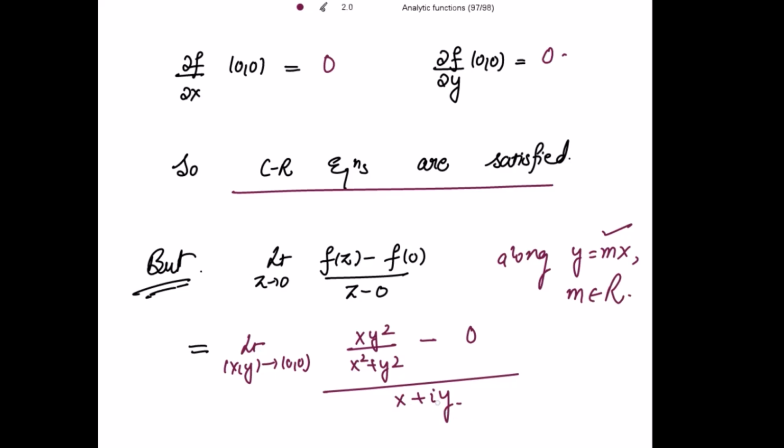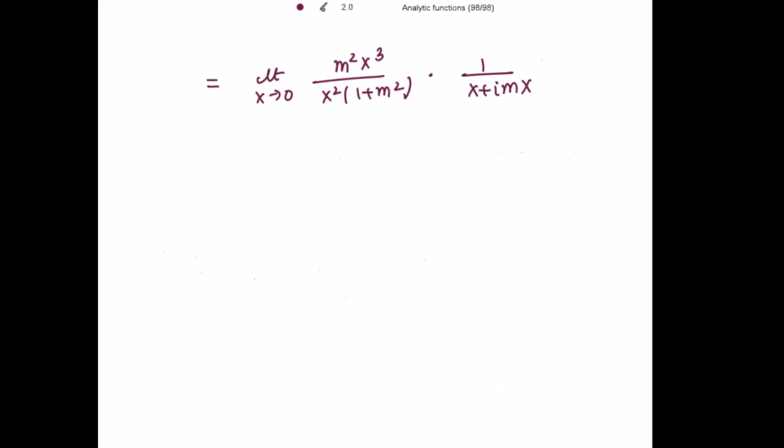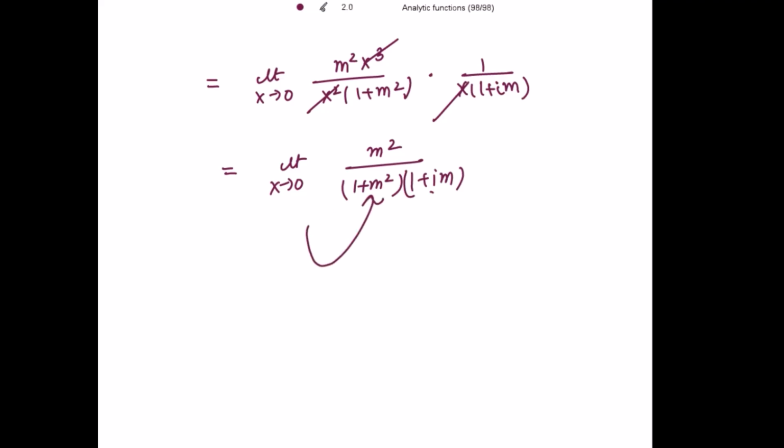So this is x plus imx, or we can take x common, and this is 1 plus im. If you cancel this, we have m squared in the numerator and (1 plus m squared) into (1 plus im) in the denominator. That means the limit depends upon the value of m, right?